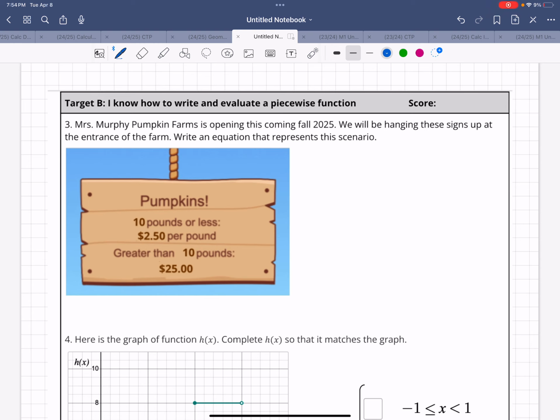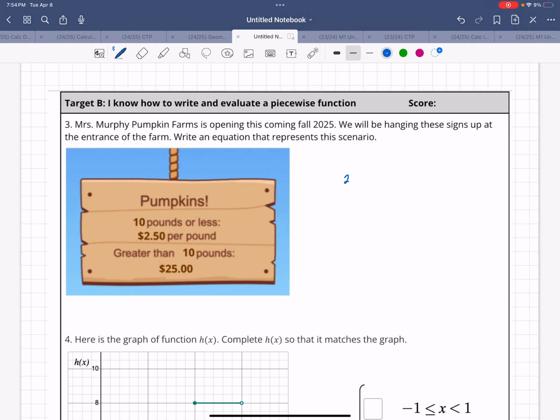So Murphy Pumpkin Farms is opening this fall 2025, and we will be hanging up these signs. We want to create a piecewise function that communicates to customers how much you will pay for our pumpkins based off their weight. Any pumpkin that is 10 pounds or less is going to cost $2.50 per pound.